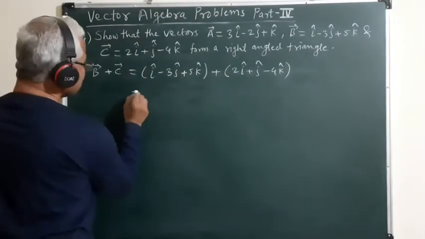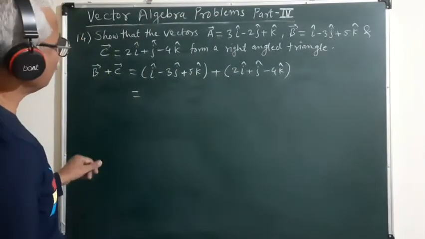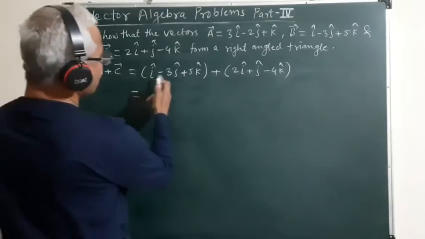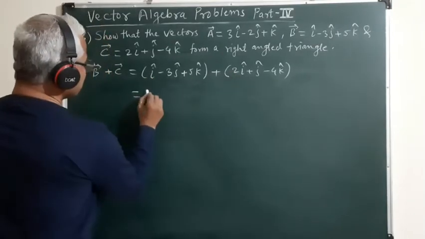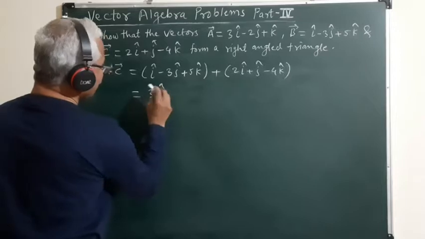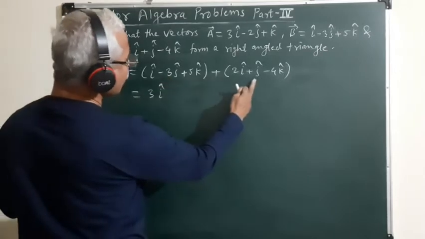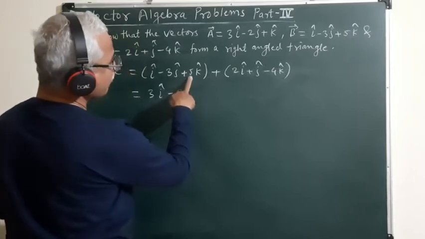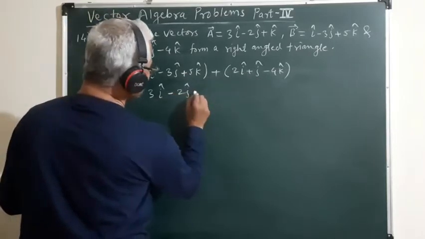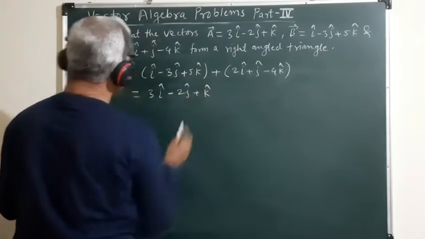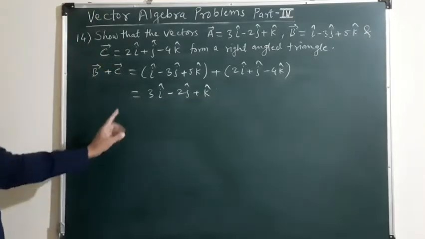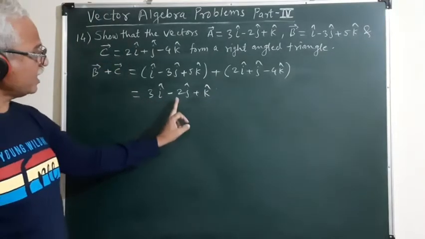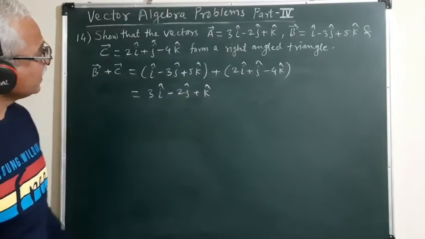So the sum of these two vectors works out to be equal to 1 plus 2 is 3i, minus 3 plus 1 is minus 2j, and 5k minus 4k is k. So b bar plus c bar works out to be equal to 3i cap minus 2j cap plus k cap.